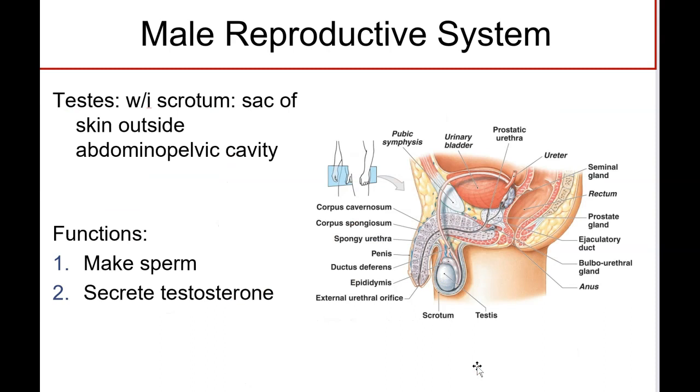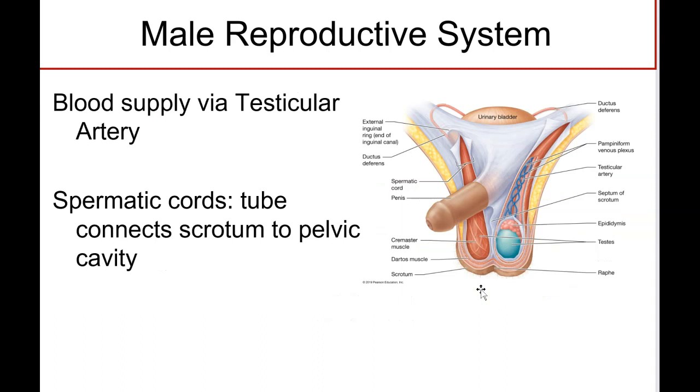So let's look at the testes. As I mentioned, they're outside of the body in the scrotum, and the function is to make sperm and also to make testosterone. They get their blood supply from the testicular artery, which comes off the abdominal aorta, and they are connected to the body through these structures called spermatic cords.